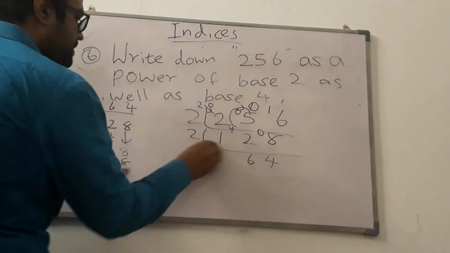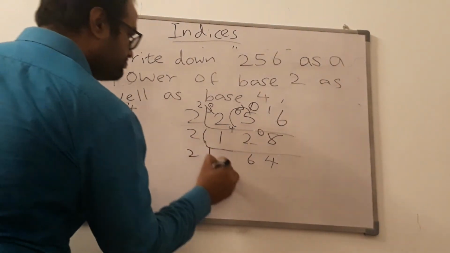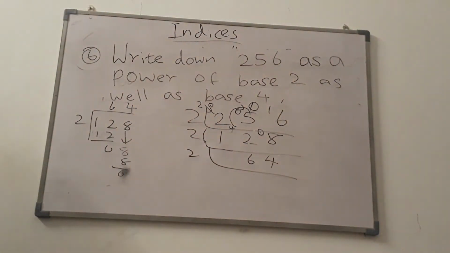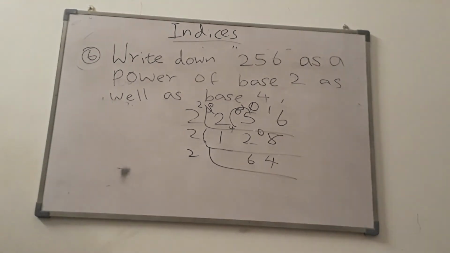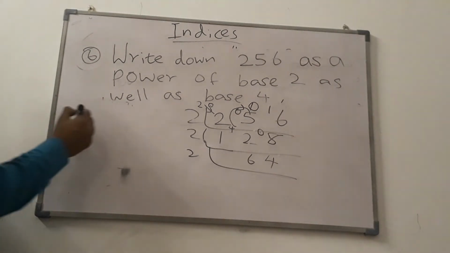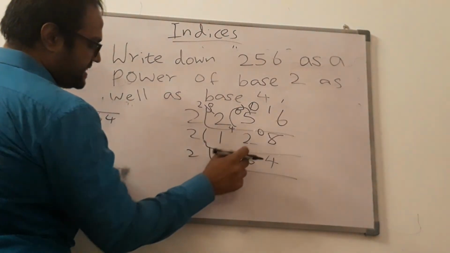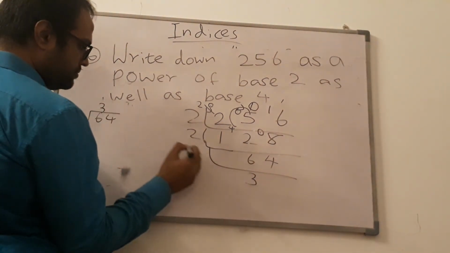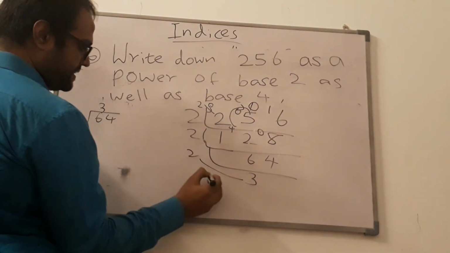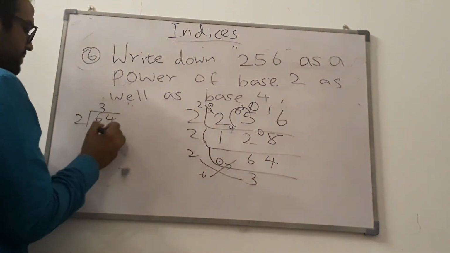Next, now we have to divide 64 by 2. 64 by 2 means 32. Let me check whether we can get 32. How many 2's are there in 6? 3. 3 times 2 is 6. 6 minus 6 is 0.